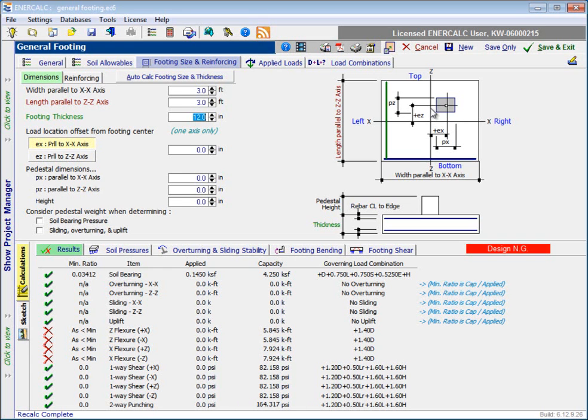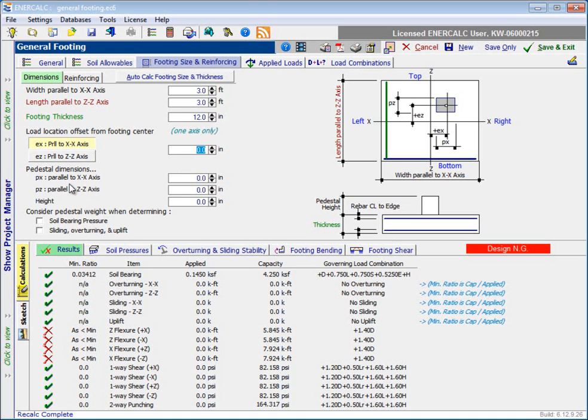At the present time, the module does not have the ability to handle both an x and a z shift, so if we have a shift at all, it will only be about one axis, and we need to just select which axis we want to shift parallel to and then provide the distance that we want to make the shift. For our exercise, I'll just leave the pedestal or the footing concentric, the point load concentric with the center line of the footing by leaving the value set to 0 for the load location offset.